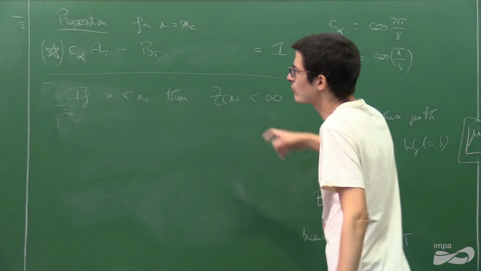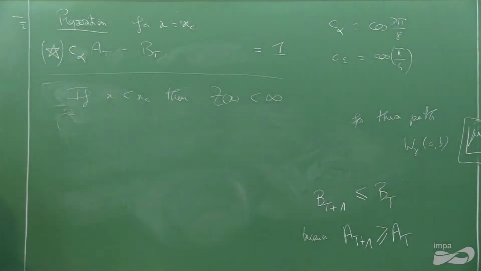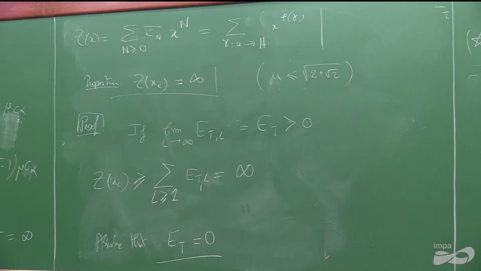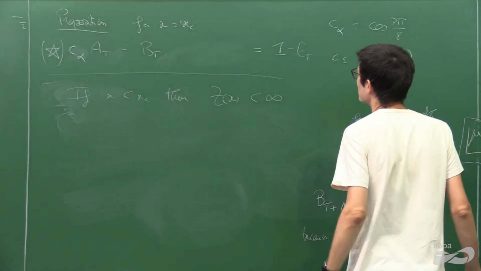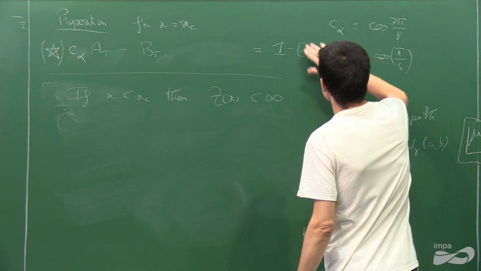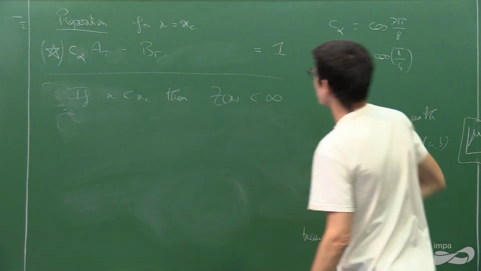Basically, if we didn't prove that ET was equal to 0, here you would just have 1 minus ET. I'm not sure it changes things by much, but this was better to do this way.